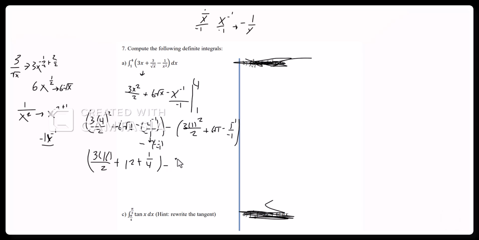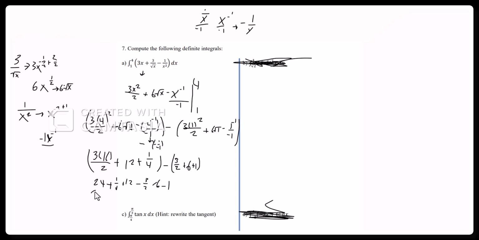We're going to do the same on the right side. So this is going to be 3 over 2, plus 6, plus 1. This bottom portion will be simplified to 24 plus 1 over 4 plus 12, minus 3 over 2 minus 6 minus 1.